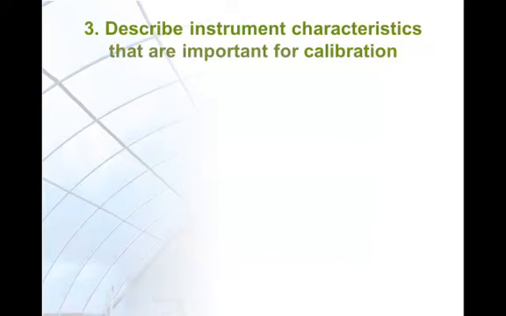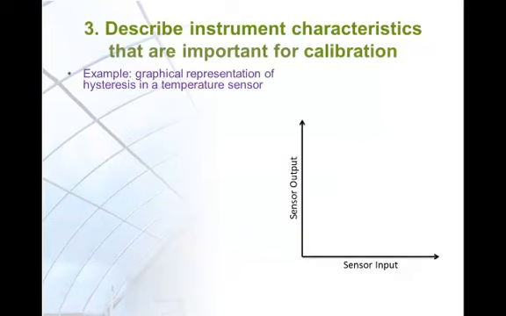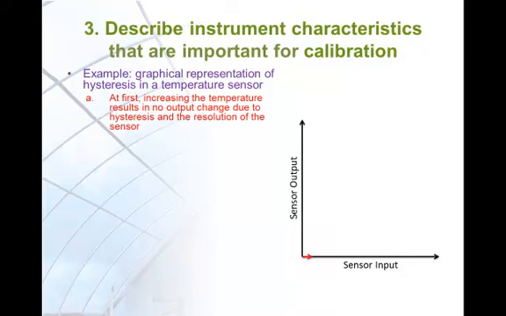Now we will graphically examine hysteresis. We will use a temperature sensor as an example. As I walk through a temperature increase followed by a decrease, observe the graph of sensor output versus sensor input or actual temperature. At first, increasing the temperature results in no output or display change due to hysteresis and resolution of the sensor.